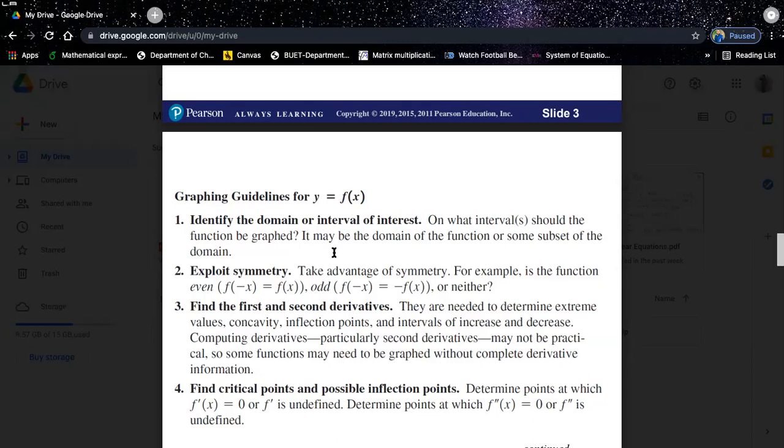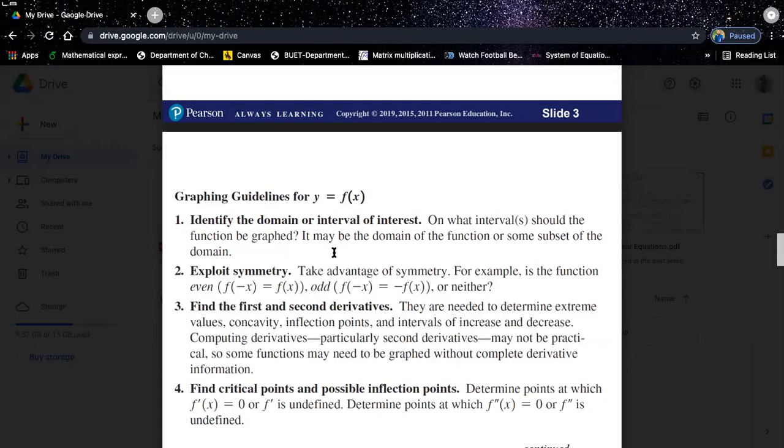You don't need to imagine anything beyond that interval, or beyond those intervals, I might say. You might be given 2 or 3 intervals, and you just need to use the information you have in those intervals, not beyond that.